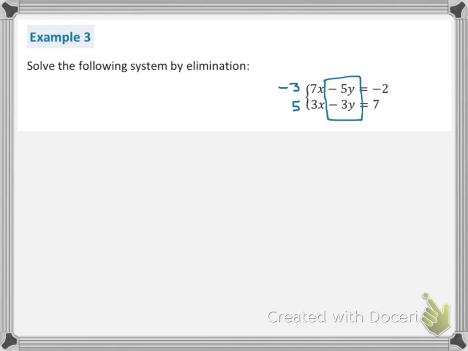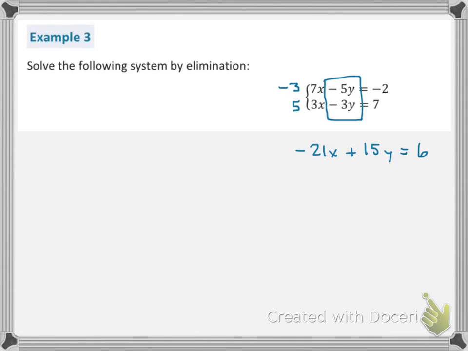Then I'm going to use the distributive property, create two equivalent equations, and then see if I can eliminate. So negative 3 times 7x, that's a negative 21x. A negative 3 times a negative 5 is a positive 15y. And that's equal to a negative 3 times a negative 2, that's a positive 6.